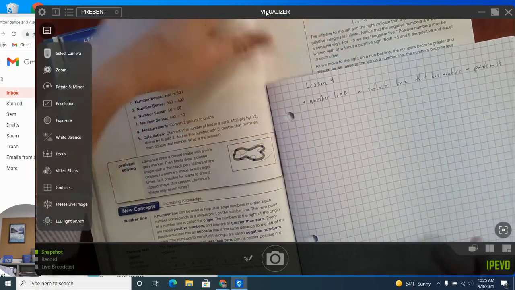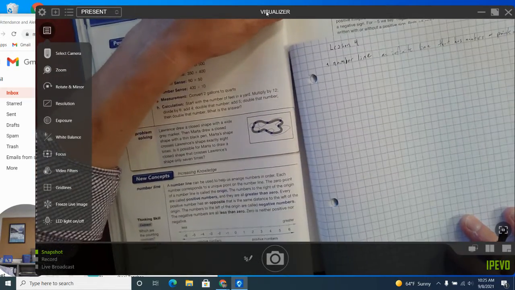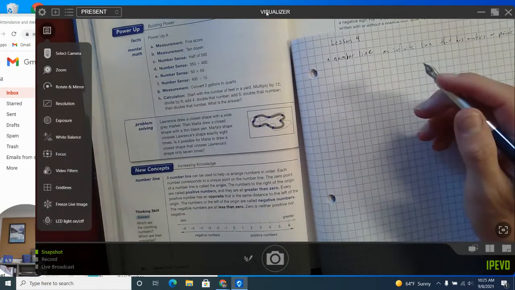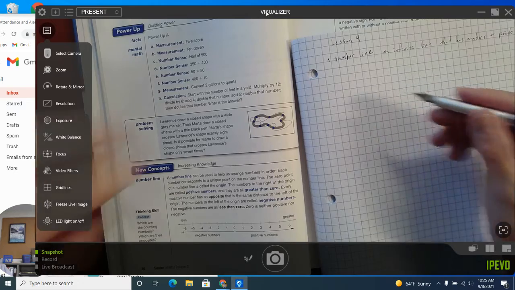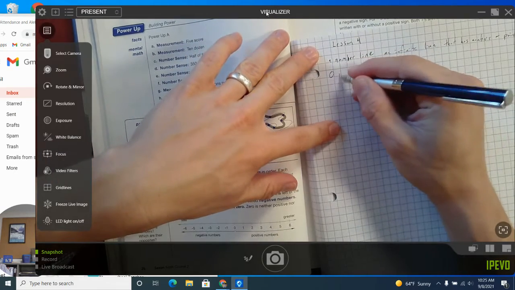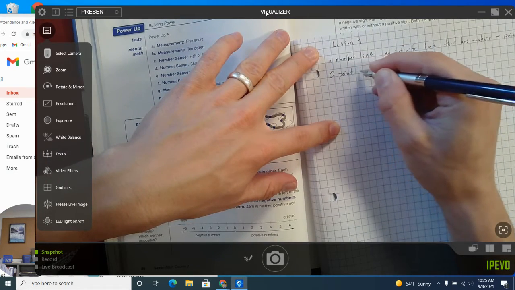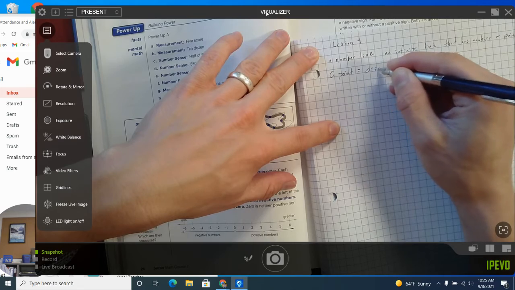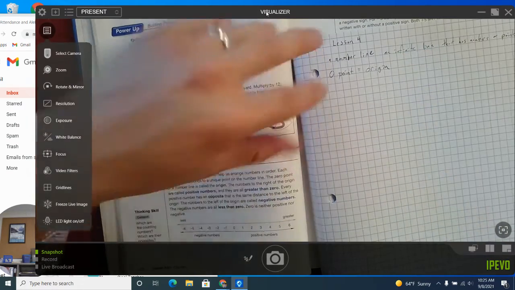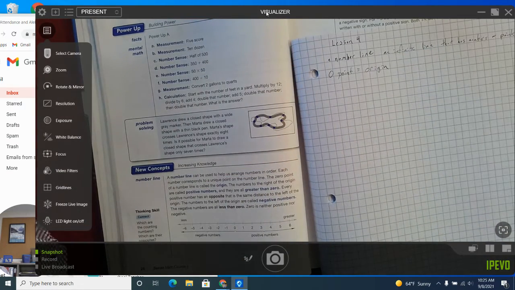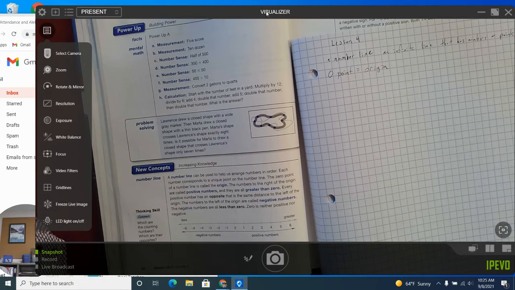Okay. Now, the 0 point is called the origin. This is where we start, okay? And anytime we're talking about it from here, the origin, that is our baseline.